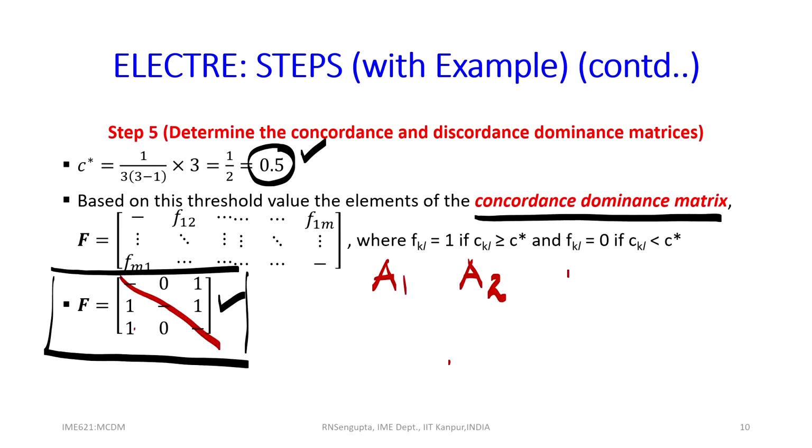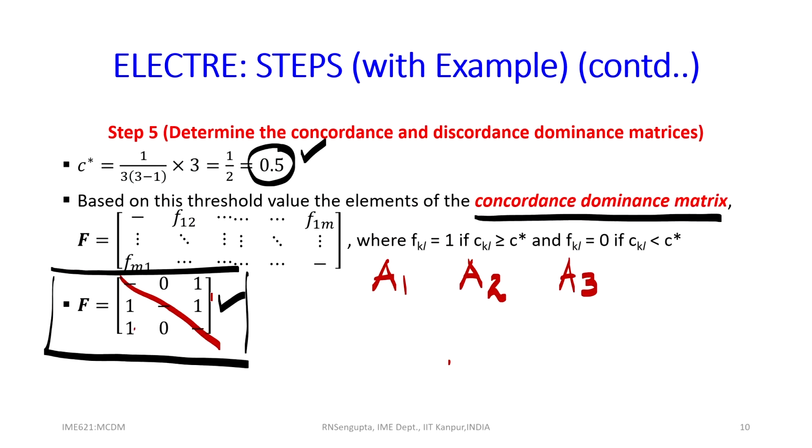That means, if I take alternative A 1 with respect to A 2, there is no such advantage on the concordance set. It has not crossed the threshold, so the value is 0. If I compare A 1 with A 3, the value is 1. Look at the first row, it is 1. That means it definitely makes sense that you have taken A 1 with respect to A 3, I have chosen A 1. So, some positive impact is coming.